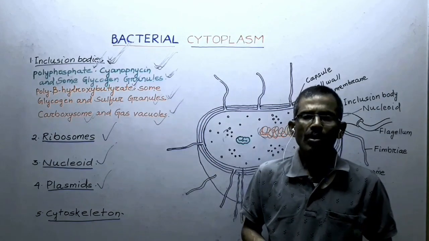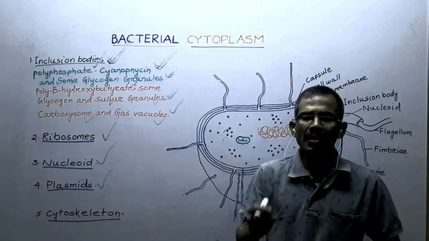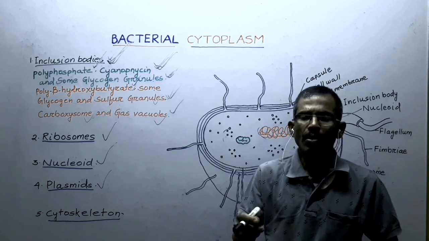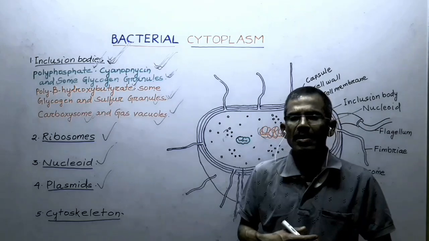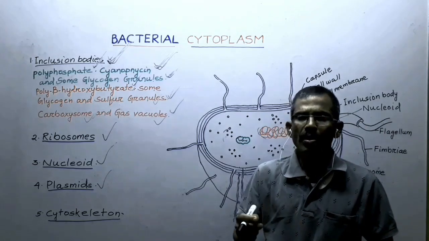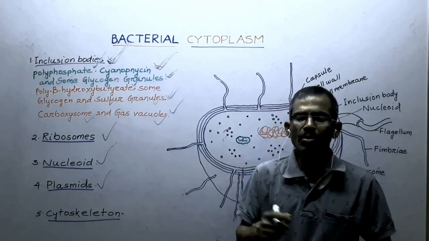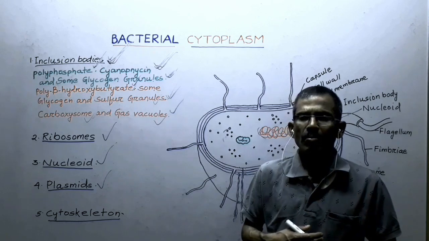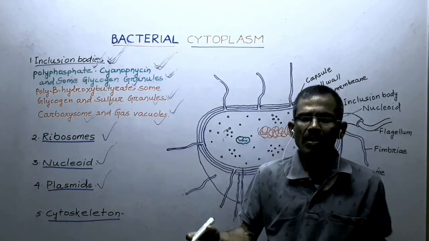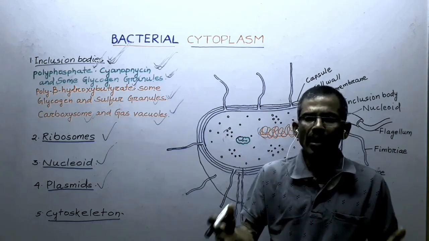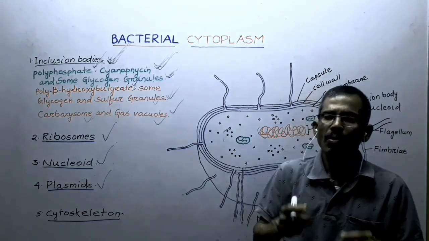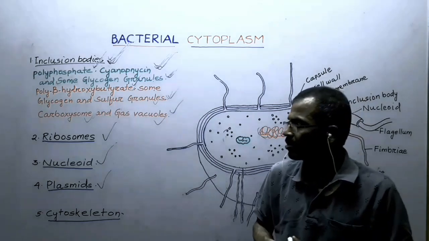Organic inclusion bodies usually contain either glycogen or poly-beta-hydroxybutyrate. Glycogen is a branched polymer of alpha-D-glucose. In a glycogen molecule, a large number of glucose units are linked together by alpha-1,4 and alpha-1,6 glycosidic bonds.